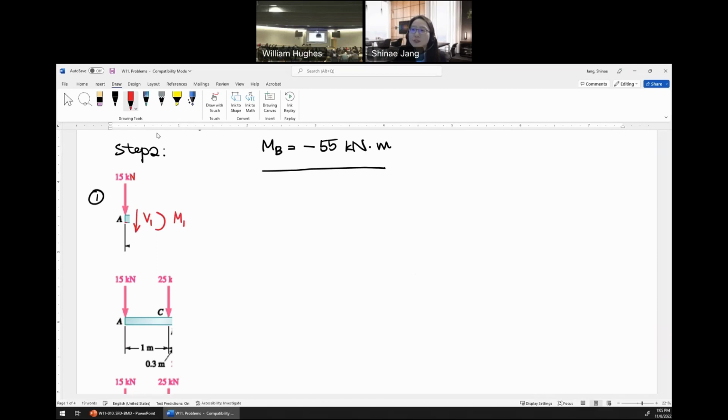What is positive moment, clockwise or counterclockwise? Think about this, right? Which one is positive here? This direction, right? So counterclockwise is positive. So let's use this positive direction and solve the equilibrium equation.